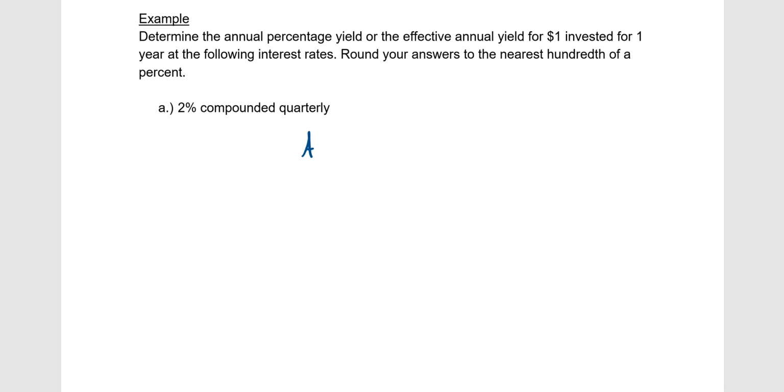So for the 2% compounded quarterly, we are going to be using our formula for compounded interest. And let's write down our givens. We're going to use P equals 1, like was mentioned above. And R is 0.02. That's the 2% compounded quarterly. N, since this is quarterly, is going to be 4.